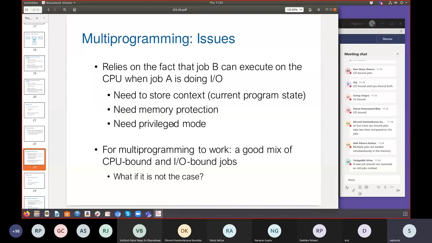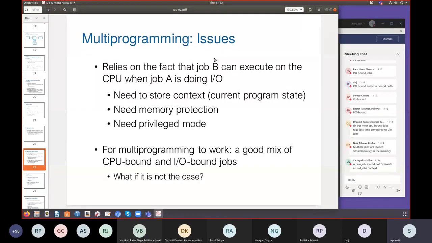So clearly, one job should not be allowed to access the memory of another job. Now we are getting the picture that the memory will be divided into many portions. The OS will be occupying one portion, but other portions will be assigned to different jobs. So clearly one job should not be allowed to hamper or change the memory of another job. So some sort of memory protection is needed.